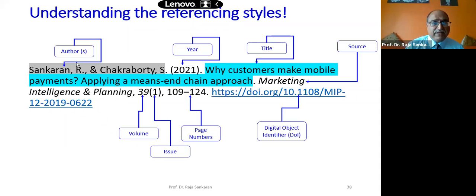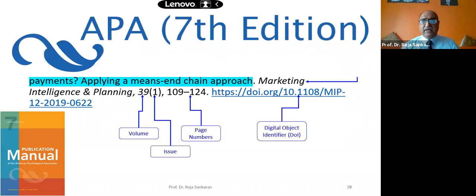For example, the way that you use the last name followed by the first name, whether it should be the first letter to be used, and within in-text and end-text citations, how should it be used? So be very familiar with this. And all these are from the APA 7th edition.